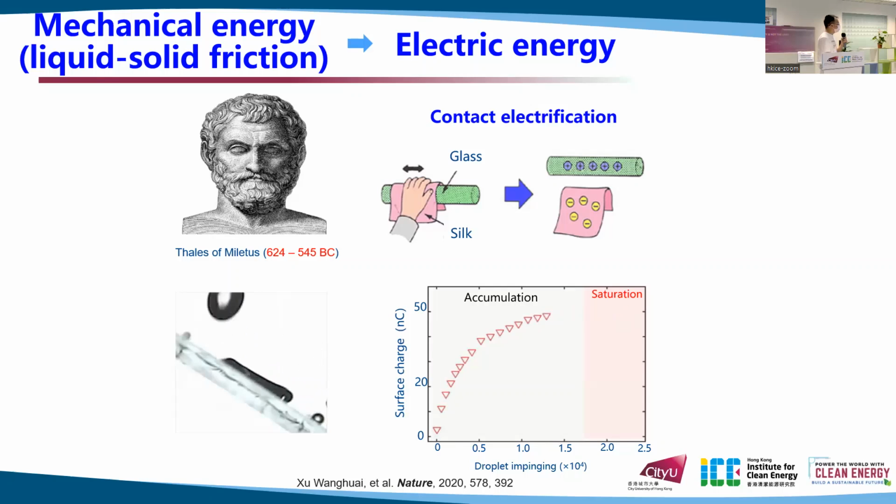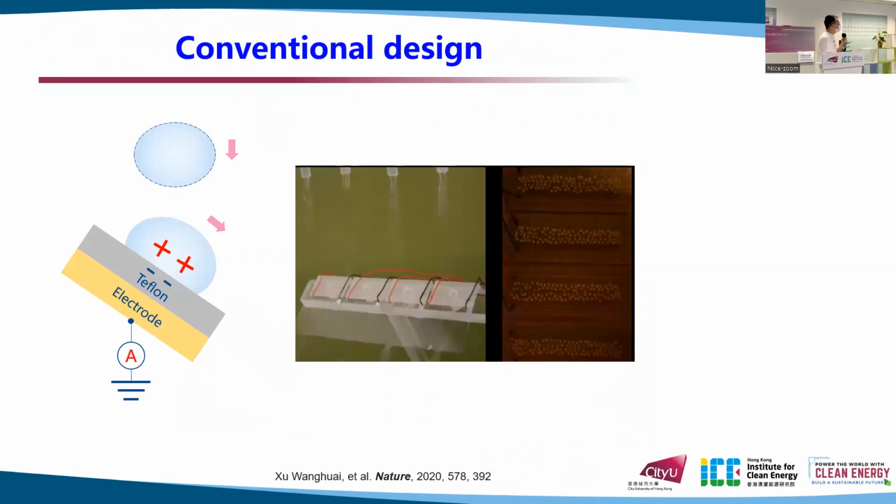Some special solid materials such as Teflon can accumulate sufficient surface charge with continuous contact with water. In this video, a droplet is dropped. And such a triboelectric effect can be used to generate electricity.